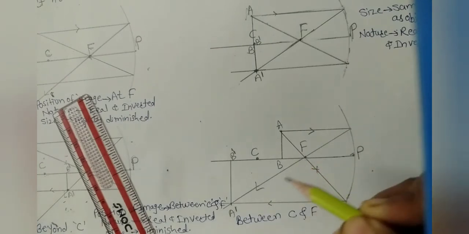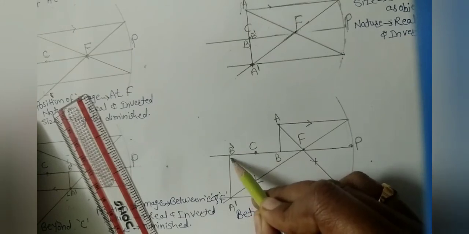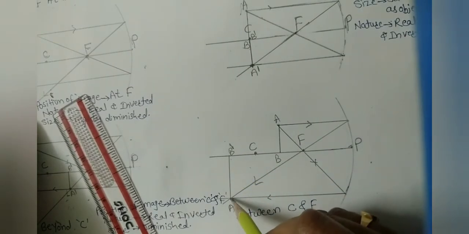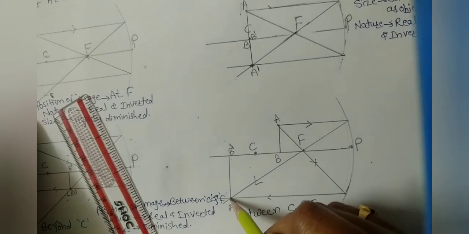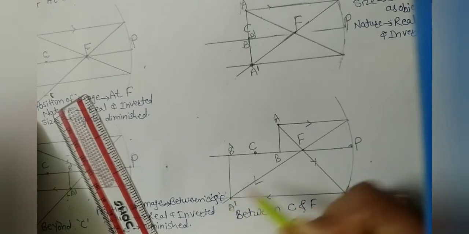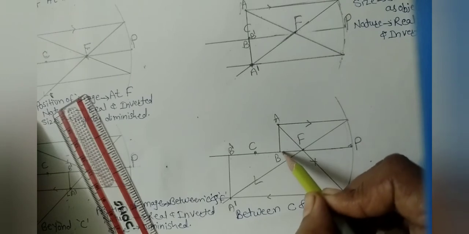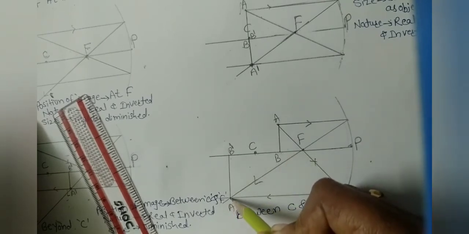This image is formed beyond the center of curvature, and as the rays actually intersect with each other, it is a real, inverted and magnified image of the object. We can see here object AB, size of AB is smaller than the size of image.